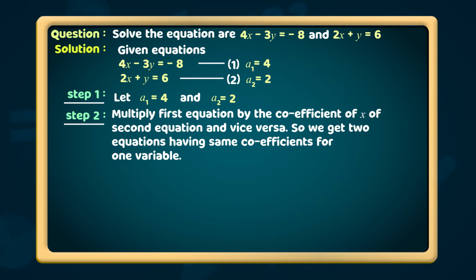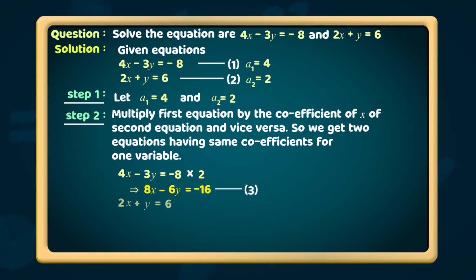Step 2. First equation multiplied with coefficient of x of second equation, that is 2, gives 4 into 2, 8x minus 3 into 2, 6y equal to minus 8 into 2 gives minus 16. Let it be equation 3.